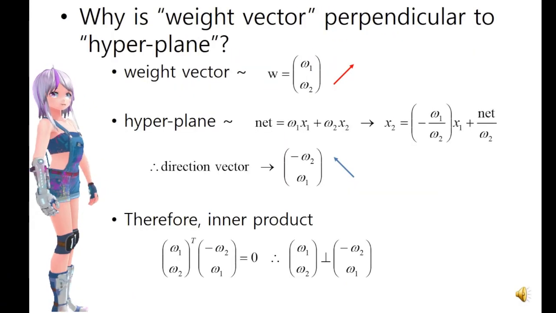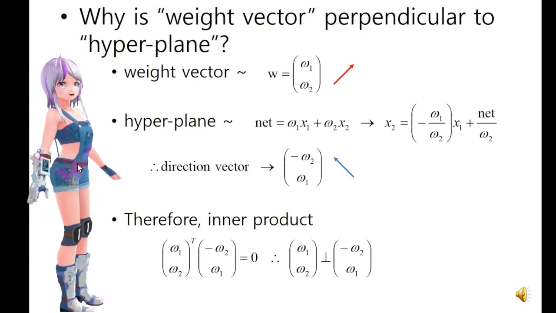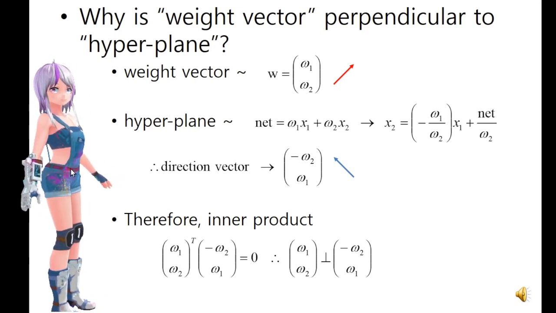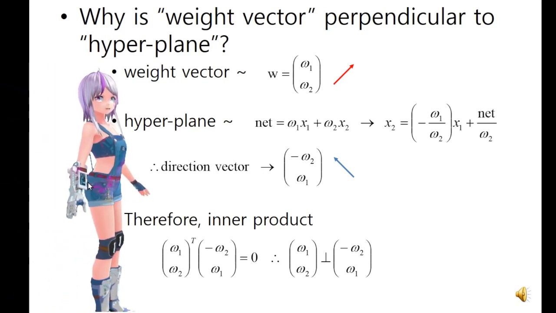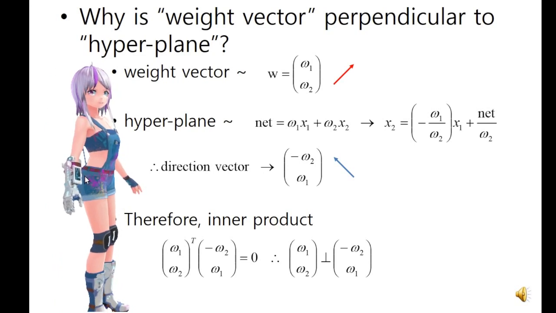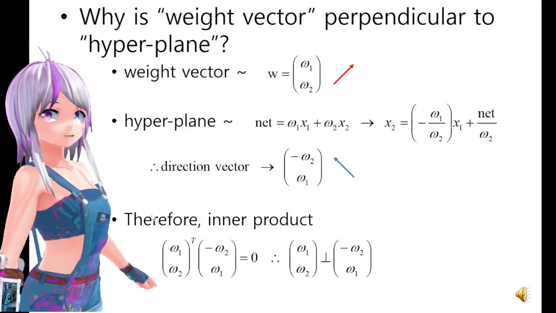Okay, now, why is the weight vector perpendicular to the hyperplane? They are all perpendicular to the hyperplane, our weight parameter vectors. The weight vector in two-dimensional space, for simplicity, W is W1, W2, and let's say this is the red arrow, the direction, maybe size, represented by the red arrow.